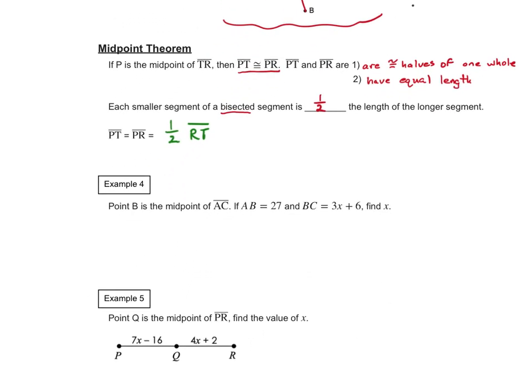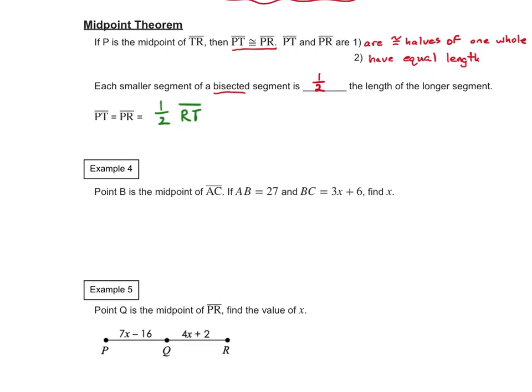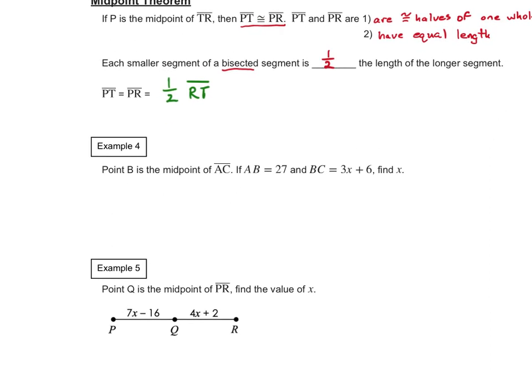So here, if we try to do an example, it says point B is the midpoint of AC. Now it's a little bit more specific. Here I have segment AC, and it tells me that B is the midpoint, which means these two pieces are congruent and equal.